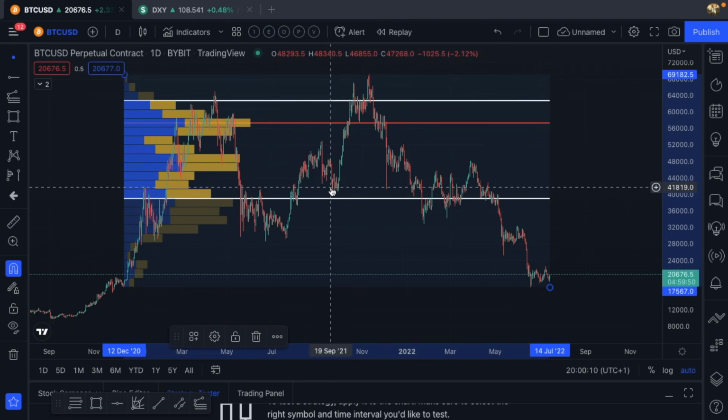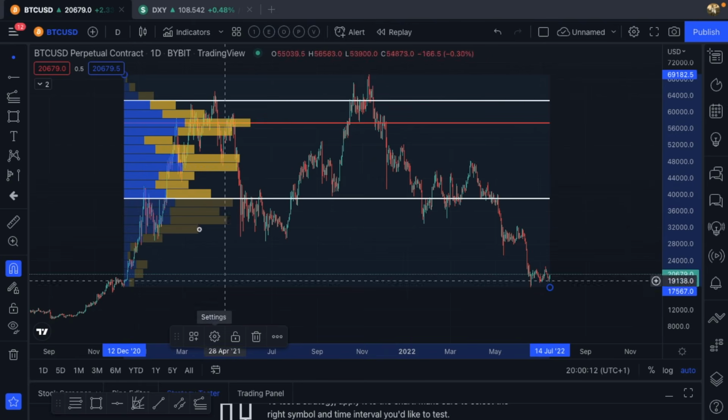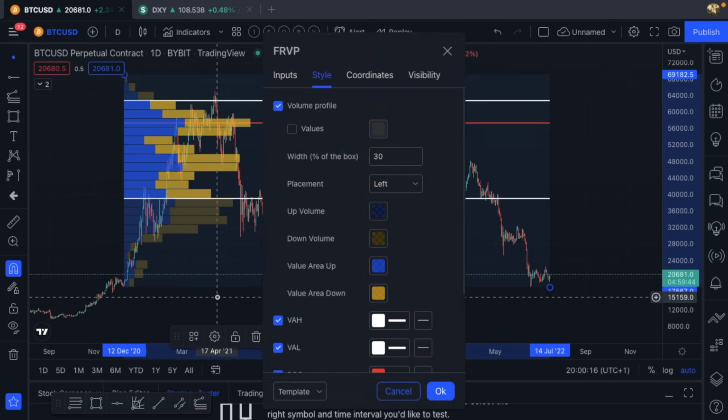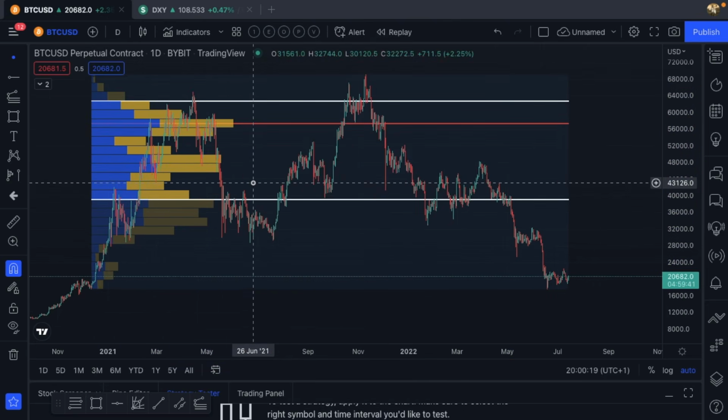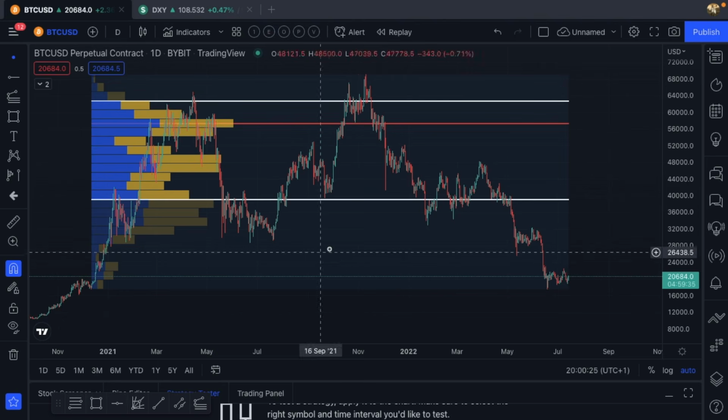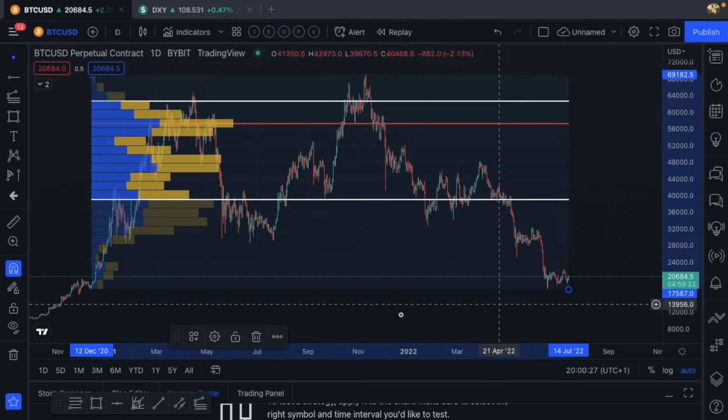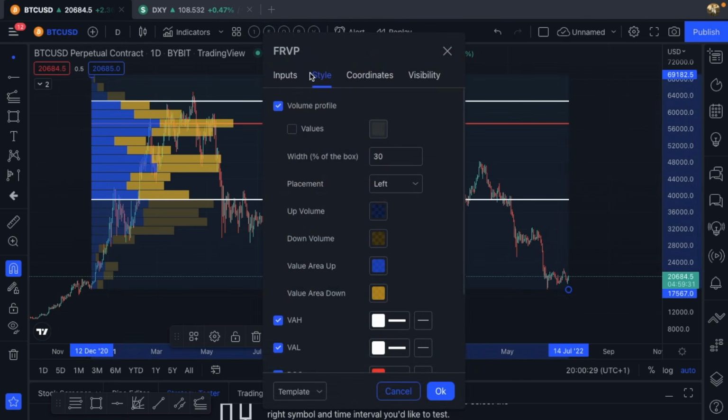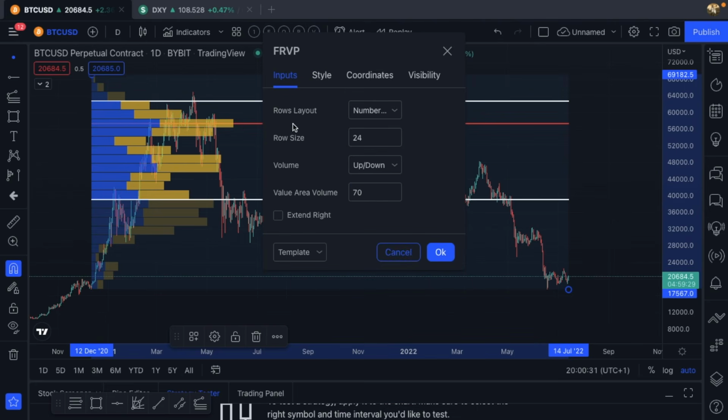And also we can play with the settings of these bars, which is something that I really do on these big time frames. So this is a huge range, and this doesn't really give you too much information. I would want to get a lot more info. So what we will do is come into the inputs, and you would change the row size.